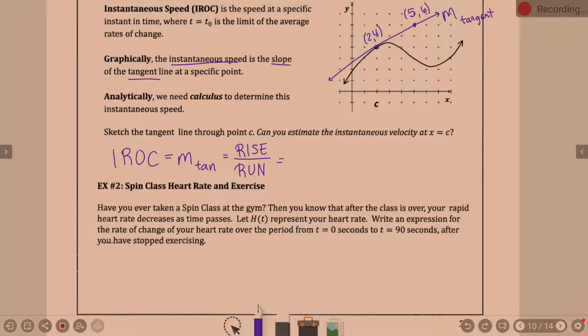You know that one. So if we rise over run, go up 2 over 3. And again, it's an estimate. That tangent line is not actually precise, but it's an estimate.